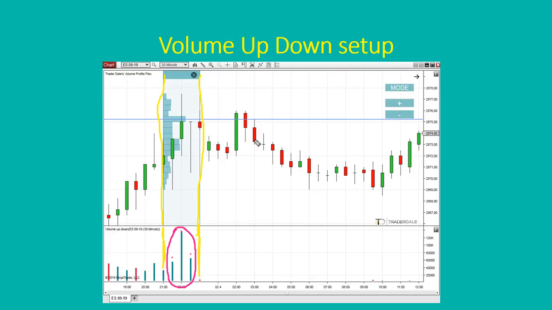Now you identify where the volumes were the heaviest, in here. Then you wait until the price moves away from the level and creates 1 or more candles above or below it. So in this case, the price goes downwards. This is the first whole candle below the level. So now you will be getting ready for a short. You wait for a pullback from this level. You go short.